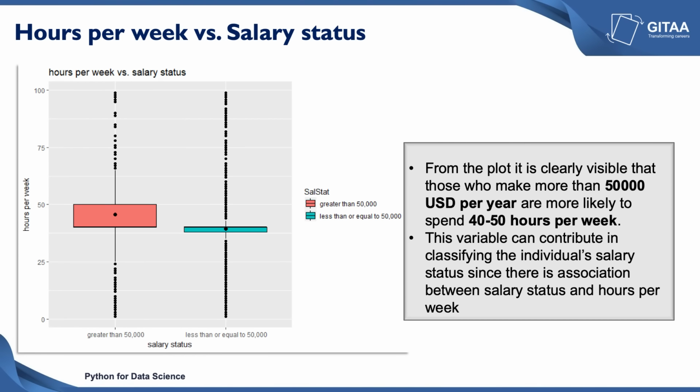Because when you consider the less than or equal to 50,000 category, the median is very low when compared to the greater than 50,000 category, and the minimum hours spent and the maximum hours spent by the individual is also very low. That could also be the reason that they are earning less than $50,000 per year.